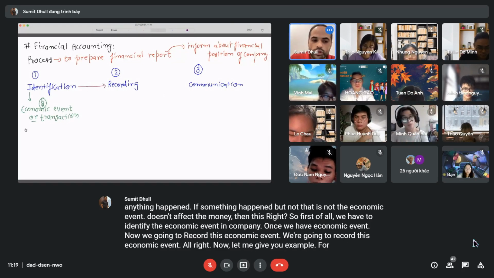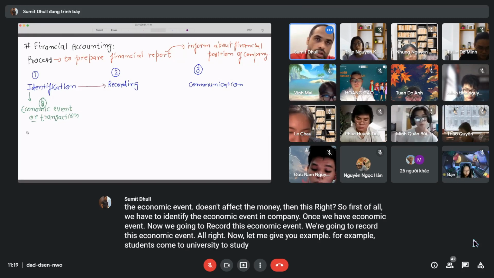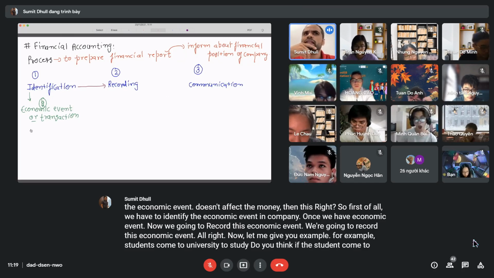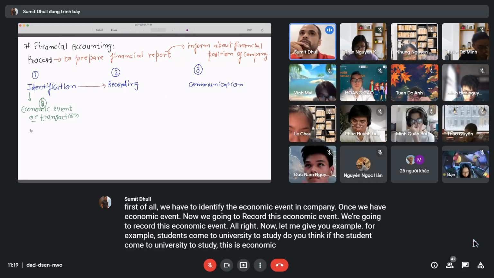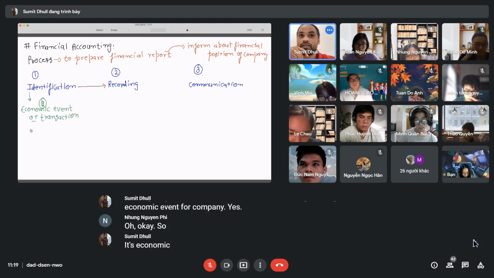For example, students come to university to study. Do you think if the student comes to university to study, this is an economic event for the company? Yes. Why is it an economic event?